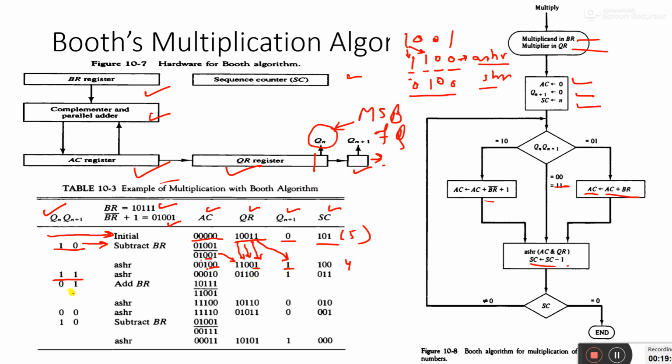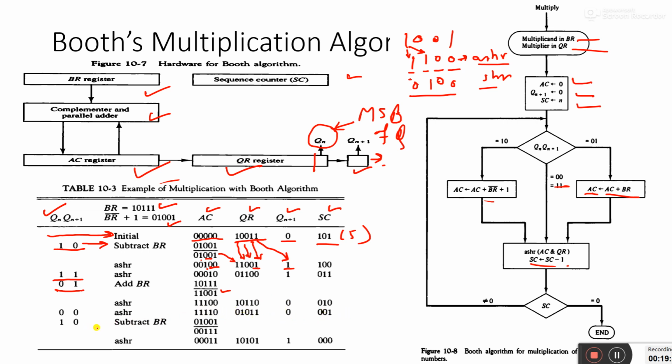After that, I will check my Qn plus 1, it is 0 1. Now if it is 0 1, then I just need to add the BR to the AC. Okay, now after the addition I got it, and then again I will do the arithmetic shift right. After arithmetic shift right, I will get this number, and then again 0 0 I will get, again arithmetic shift right, and sequence counter is decremented by 1.